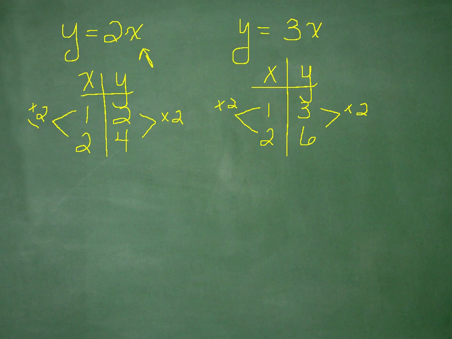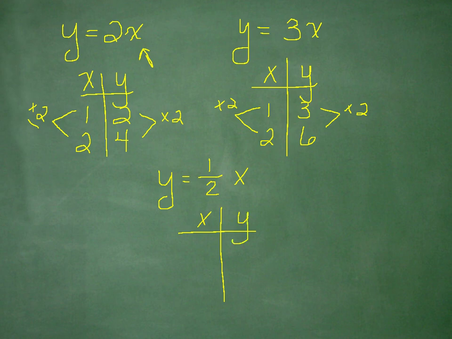Now the same thing happens if you're using fractions. If I have y equals 1/2 x, and I make a table, x's and y's, let's let x be 1. So 1/2 times 1 is 1/2. Now let's let x be 2.